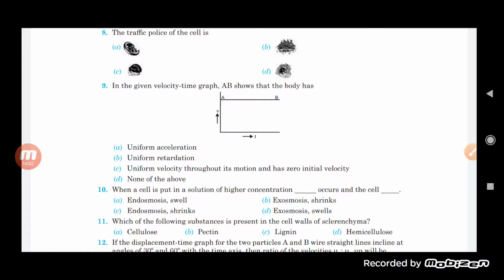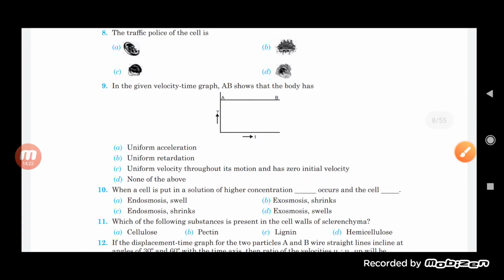Now you will see here that it is not written that it is moving, but it is parallel to the time axis. So according to that, it is not moving with uniform acceleration, nor with retardation, but with uniform velocity throughout its motion. So the option will be the fourth one.